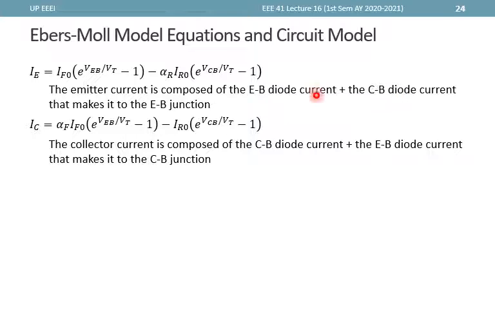In a similar fashion, IC is this whole expression here. The collector current is composed of the CB diode current, which is this one, as a function of VCB, and some EB diode current that makes it to the CB junction. So this is the EB diode current, although not all of it will be able to make it to the collector.